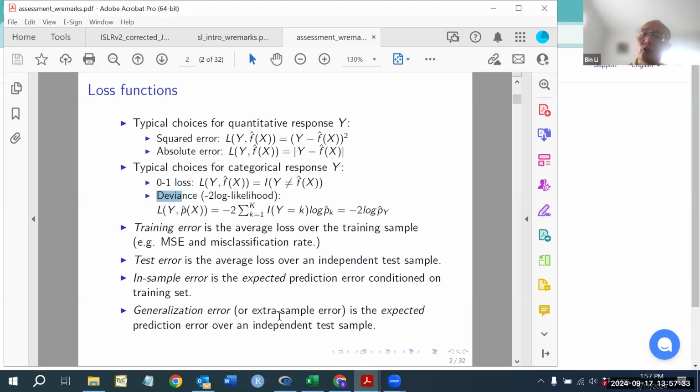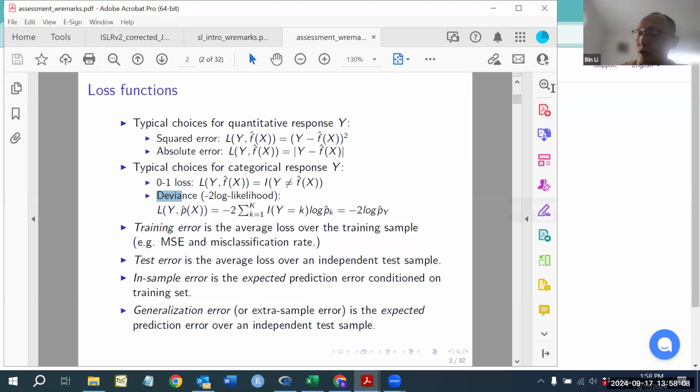And you may ask why we need multiple loss functions for the same problem. The reason is that different loss functions have slightly different properties and evaluate the performance from different perspectives. Each loss function has its own pros and cons.